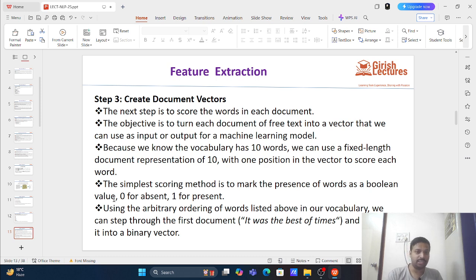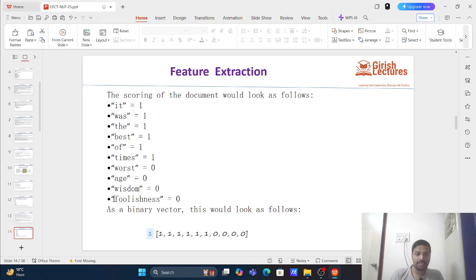Okay, so let's check with your example. Suppose we have the first one, "it was the best of times". All of these words exist in the vocabulary, so we are marking them as 1: "it" with 1, "was" with 1, "the" with 1, "best" with 1, "of" with 1, and "times" with 1.